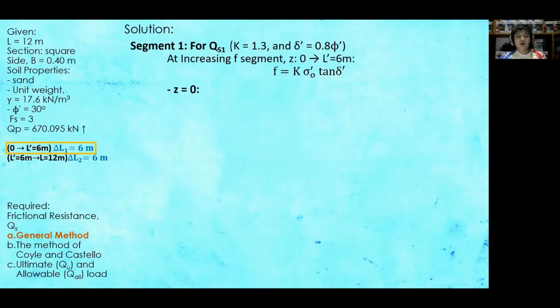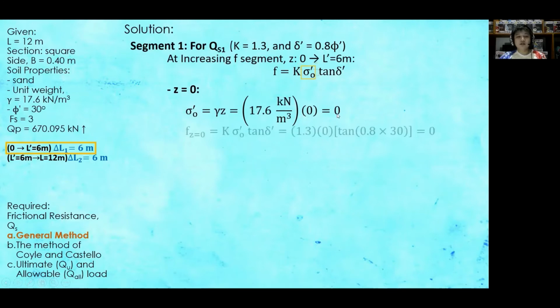So for our Z equal to 0, sigma O prime is equal to gamma times Z, wherein gamma is equal to 17.6. So times Z, at Z equal to 0, is 0. Thus our sigma O prime is equal to 0.